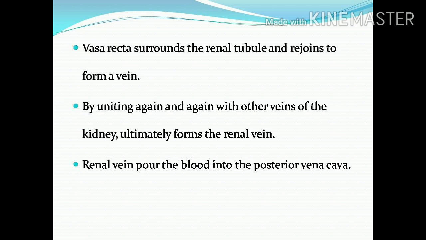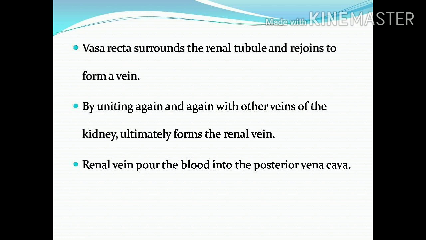Here the renal artery divides and forms the afferent arteriole. The afferent arteriole again divides in the Bowman's capsule region. It forms a network of blood capillaries called the glomerulus, and again this capillary rejoins to form the efferent arteriole. This efferent arteriole runs for a short distance and again divides to form the secondary capillary network.